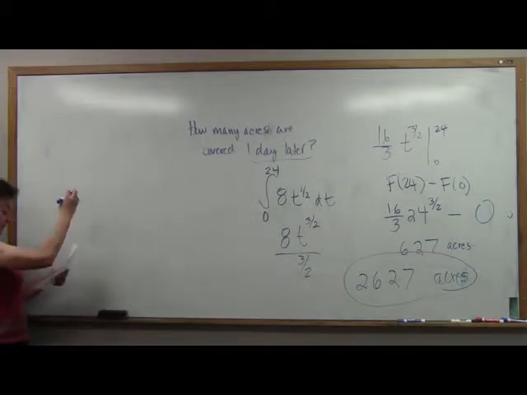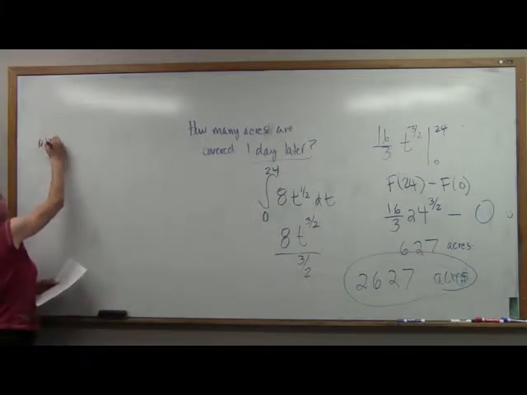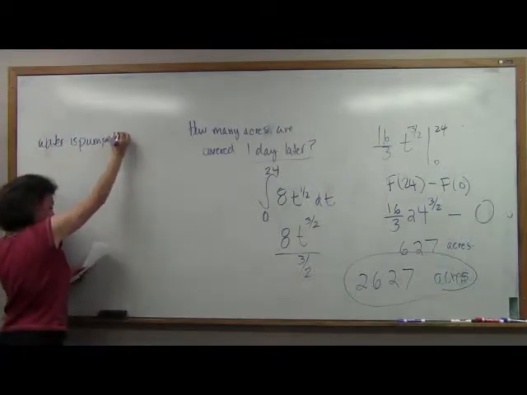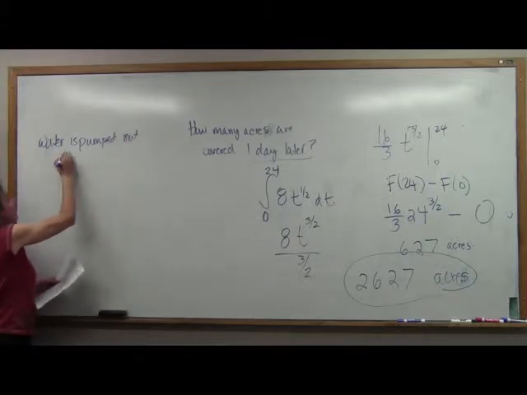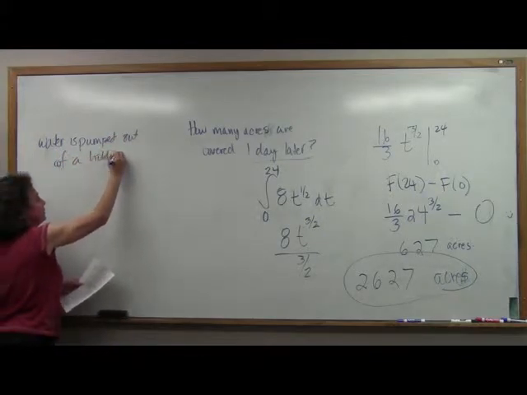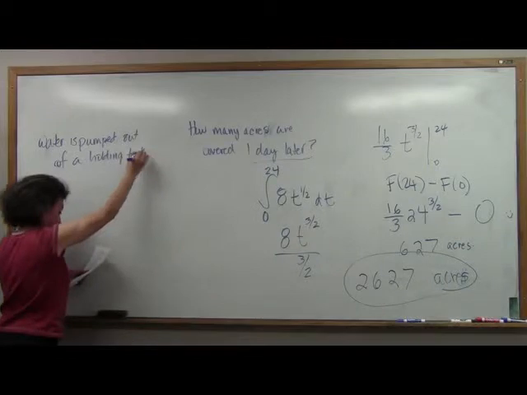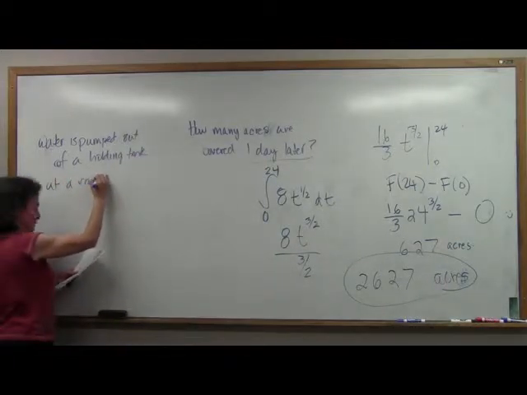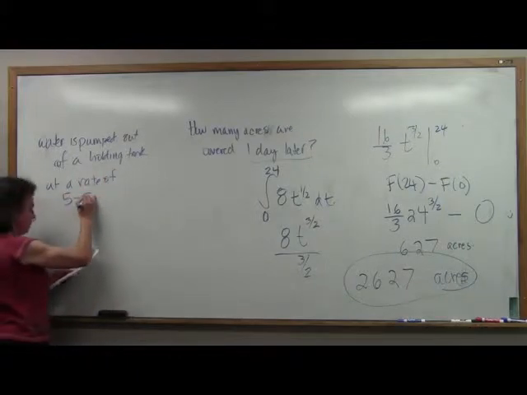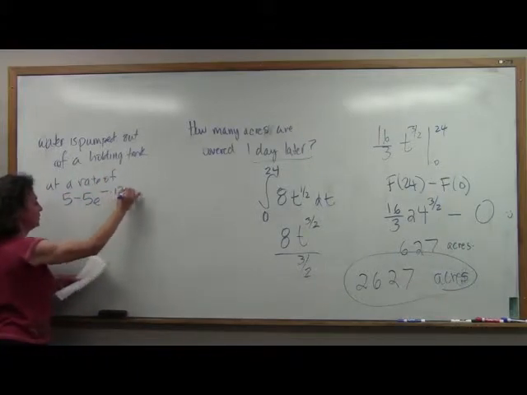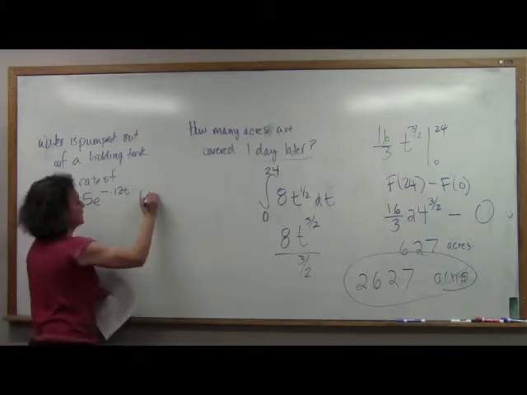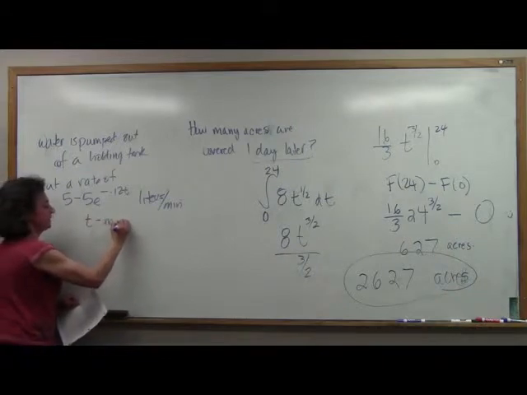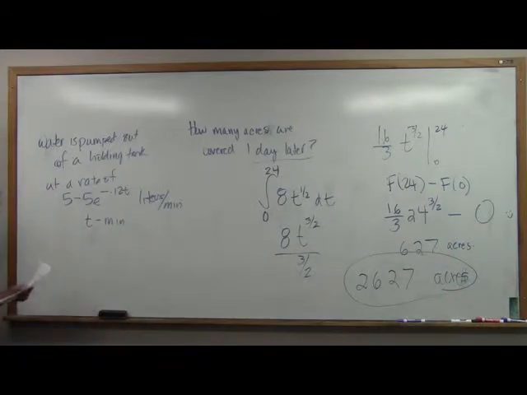Suppose I tell you this. Water is pumped out of a holding tank at a rate of 5 minus 5 e to the negative 0.12 t, and that's in liters per minute. Hence, t, our units are minutes.